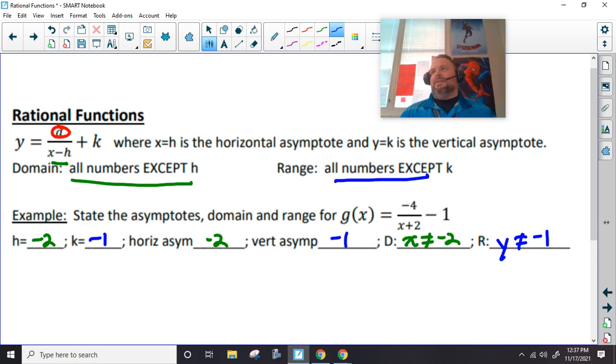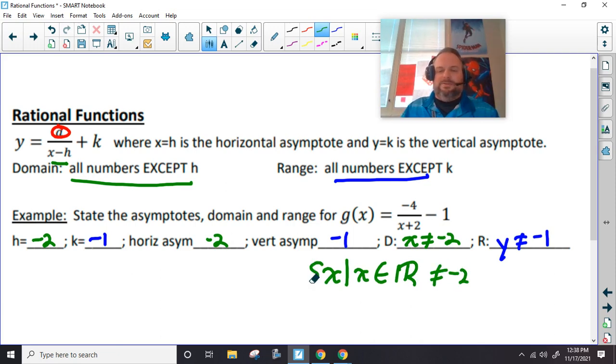basically, I really want y'all to write something that says x such that x is the element of all real numbers and not equal to -2. Do y'all really want to write that? Okay, I didn't think so.